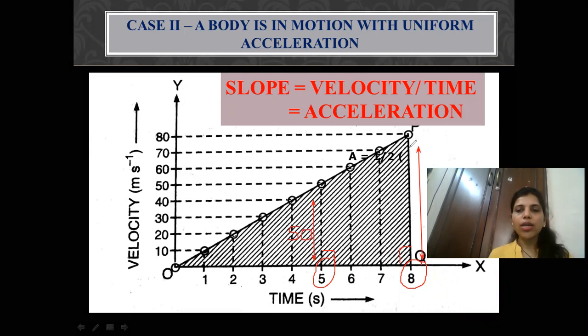Then this particular length, you can see it is 80 because 0 to 80. So this length is 80. So now you can see the sum of the parallel sides, when I'm saying half the sum of the parallel sides.